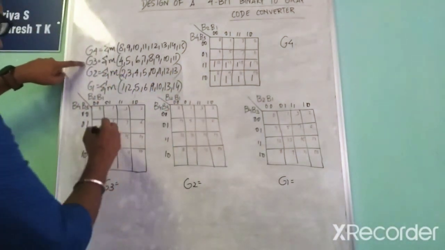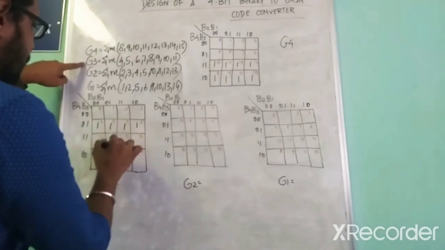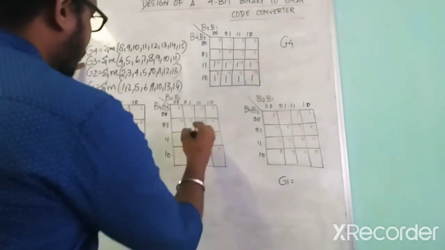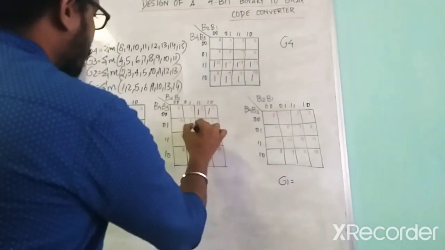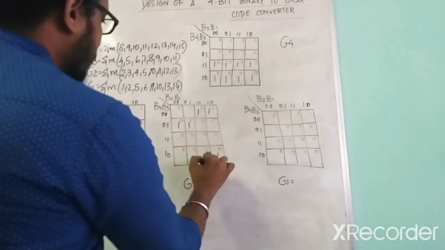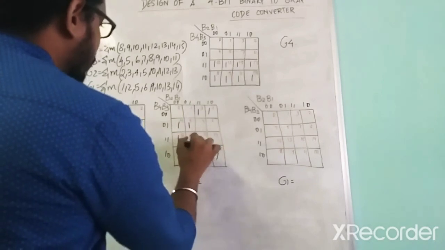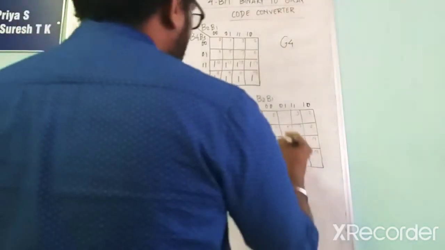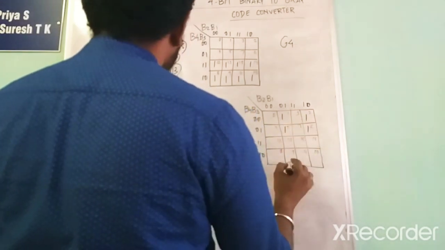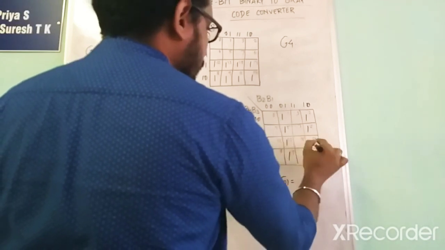Now G3: 4, 5, 6, 7, 8, 9, 10, 11. 2, 3, 4, 5, 10, 11, 12, 13. 1, 2, 5, 6, 9, 10, 13, 14.